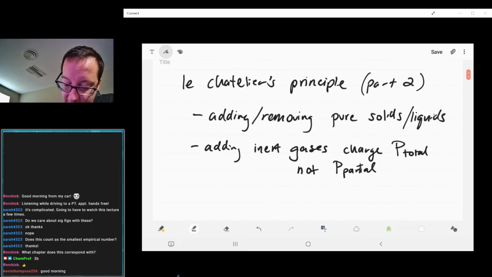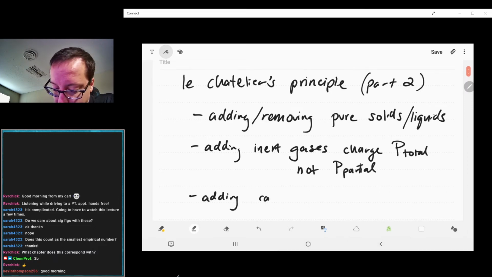And the last thing is adding a catalyst. So catalysts, as we studied last time, change the mechanism of our reaction to allow it to happen more quickly at lower energies. However, we've defined equilibrium as when the rates of forward and reverse reaction are equal.